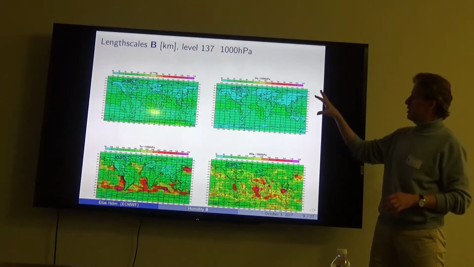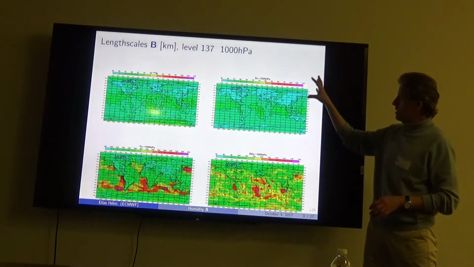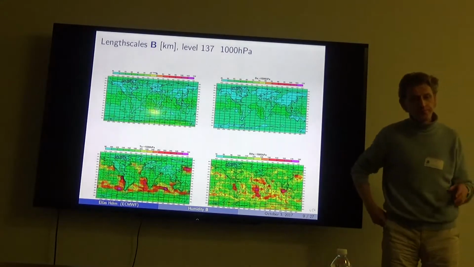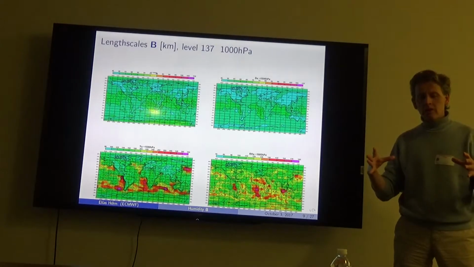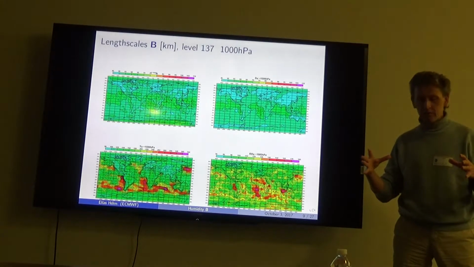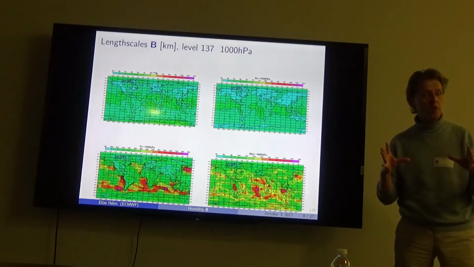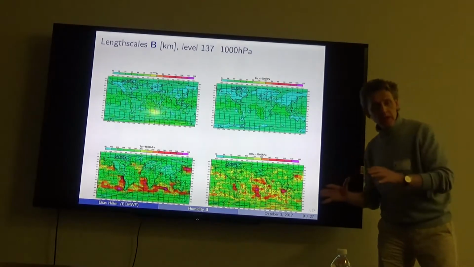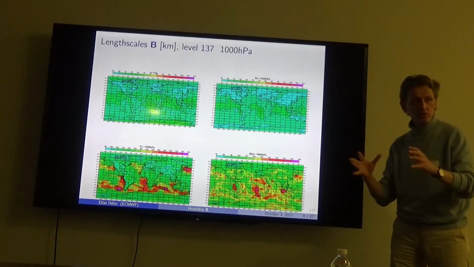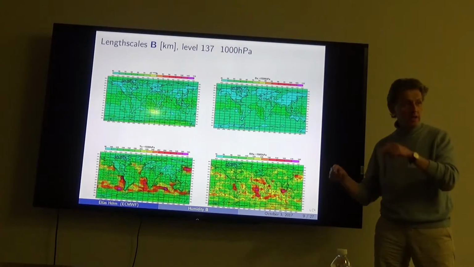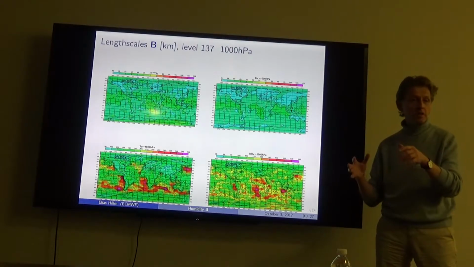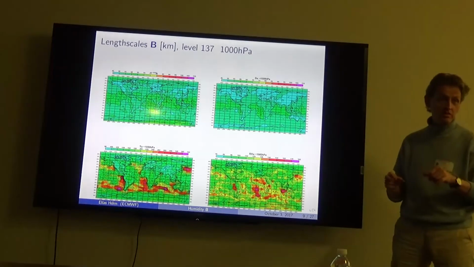Just to tell you a little bit more detail, the way we do the length scales, we calculate covariance matrices in 250 by 250 kilometer boxes. So we average all the samples in there. And then when we need a covariance matrix at any point, we interpolate bilinearly between the closest covariance matrices.